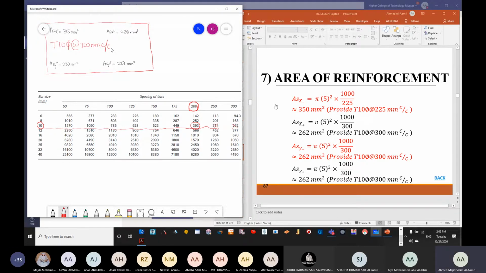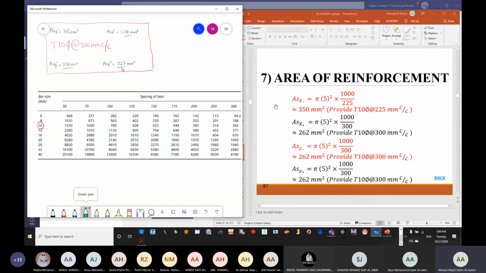Okay. Now the same I'm going to do for the other three. Same diameter, but now the values are reducing. So what do we have? We have 238, we have 230, and we have 227.